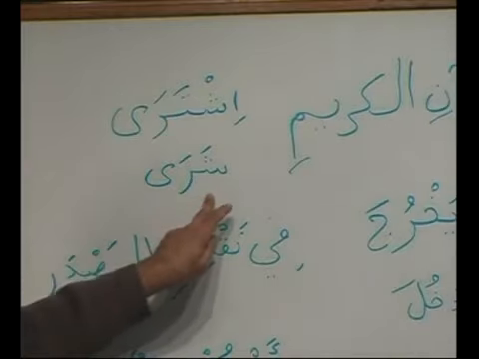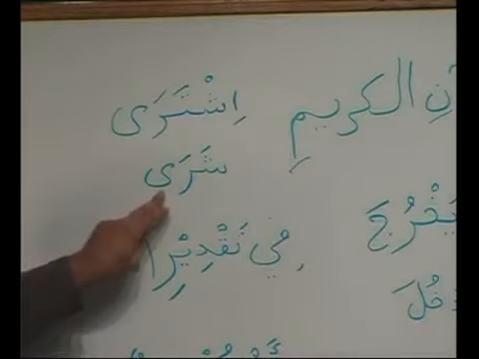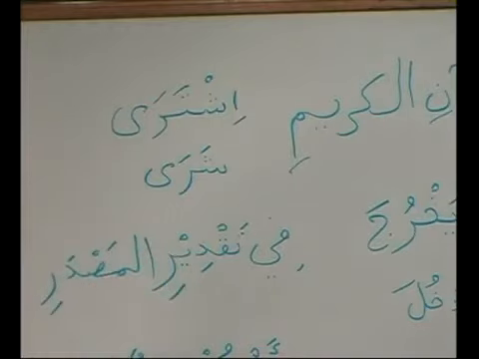Fi'lun madin. Remember, lam kalima has always fatah. Do you see fatah here? You don't see fatah. So where is fatah? It is there, which our mind can see, but our eyes cannot see. And if something that our mind can see, what do we say? Al-fatahatu muqaddara. We are going to learn all these things, brothers and sisters. Muqaddara. Estimated. So here it is shara, fi'lu madin, mabniun ala fatahatul muqaddara.